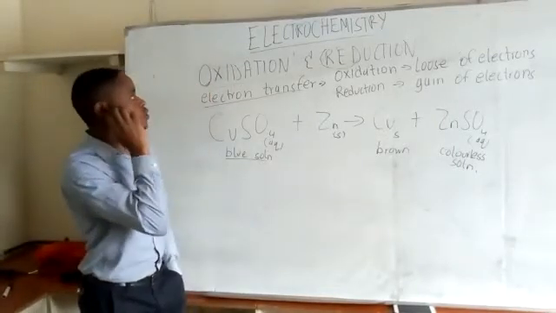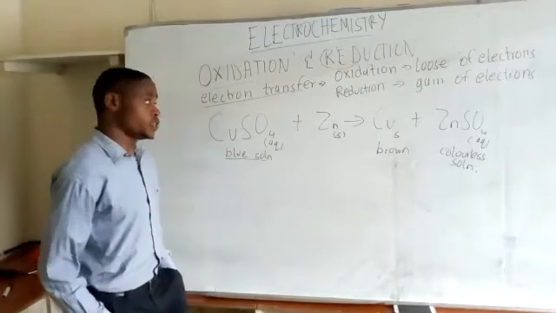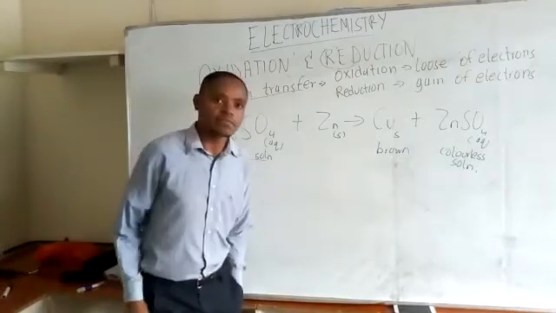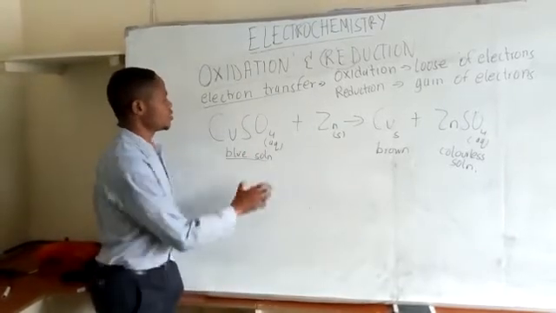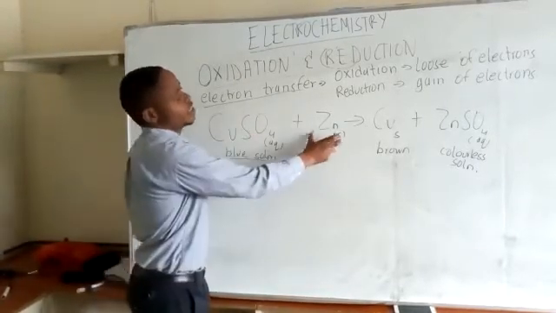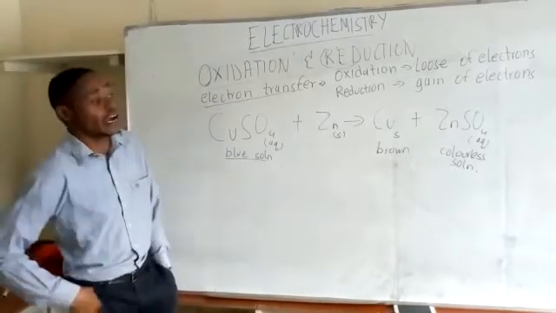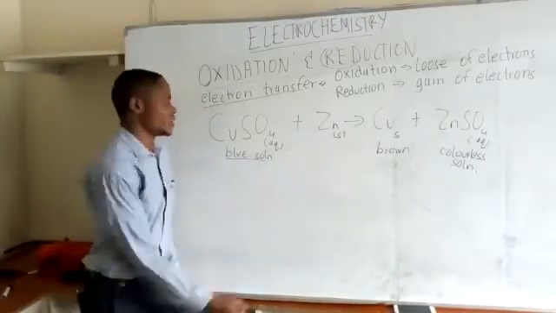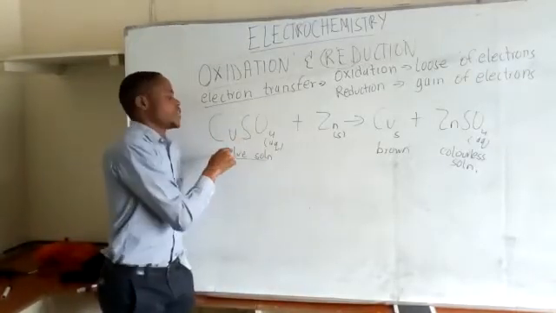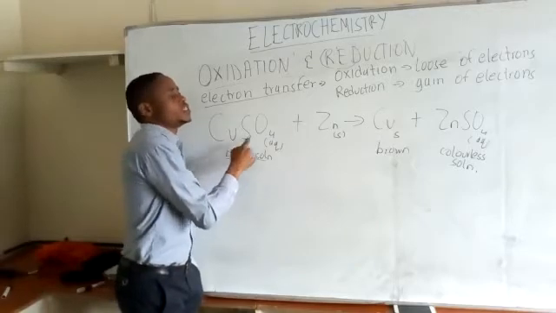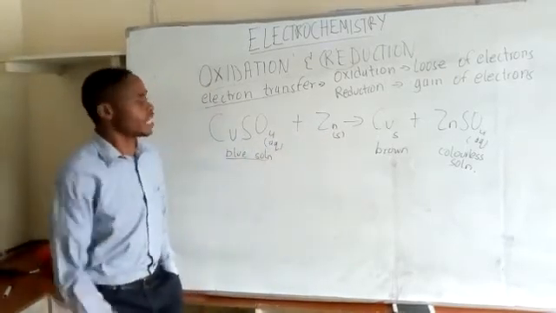We're going to use one example here of a displacement reaction. We're going to react copper sulfate with zinc. Of course, we know from the reactivity series, zinc is more reactive. Otherwise, if you react zinc sulfate with copper, copper cannot displace zinc, because zinc is more reactive.